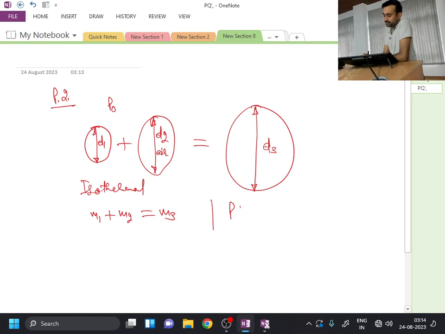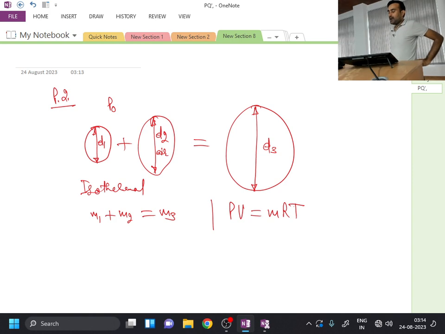And this air can be considered as an ideal gas. So for an ideal gas I can apply PV equal to mRT, with capital V for volume. Now can you tell me what the condition will be? How can I determine this?